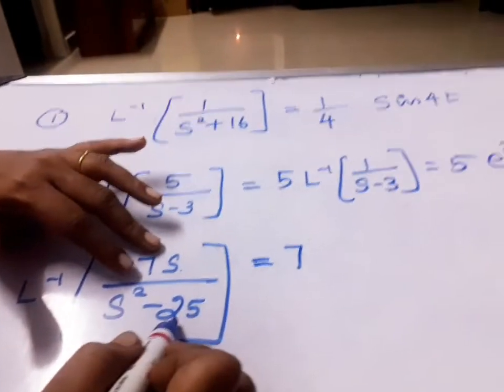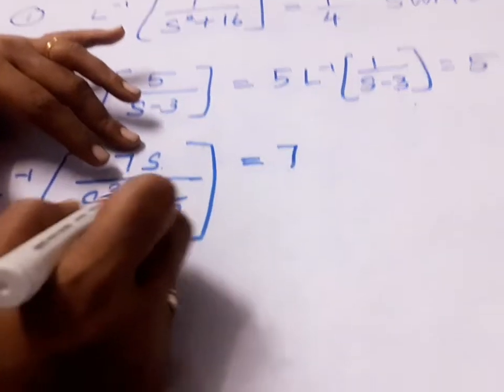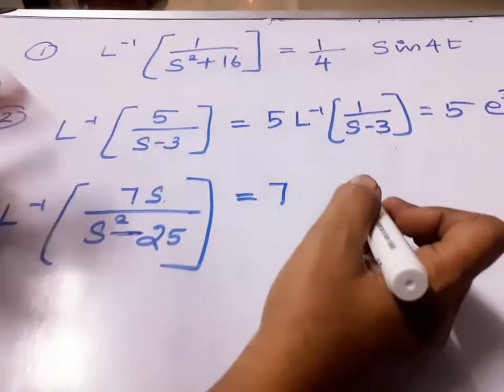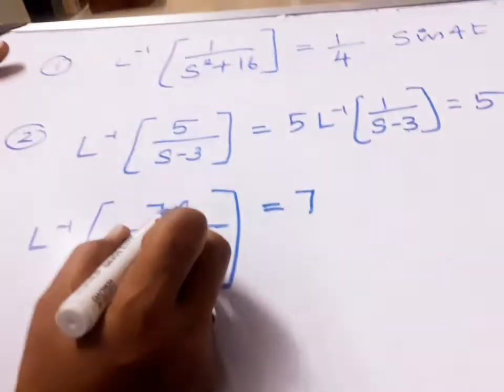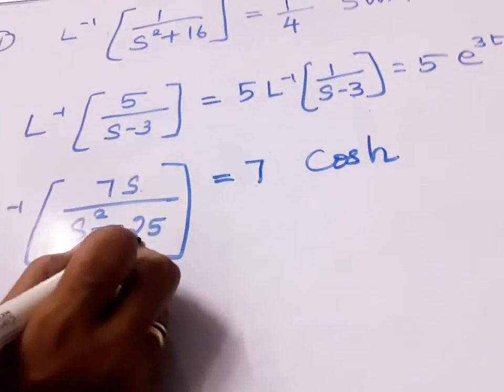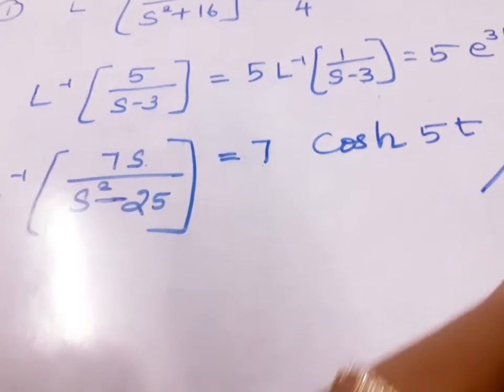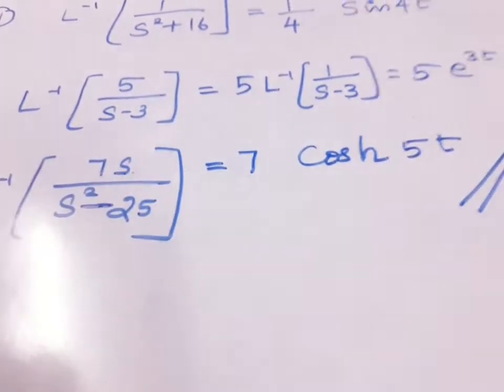Here a is 5, 5 square is 25. So 7 can be taken outside. Because of this minus, we should write hyperbolic. Here s by, so s means cos, hyperbolic cos at. A is 5. So this is how we find L inverse problems.